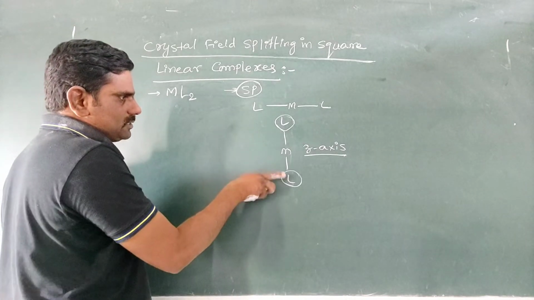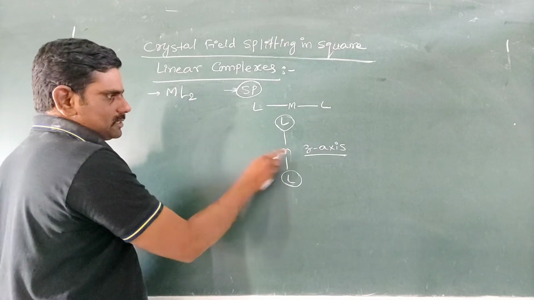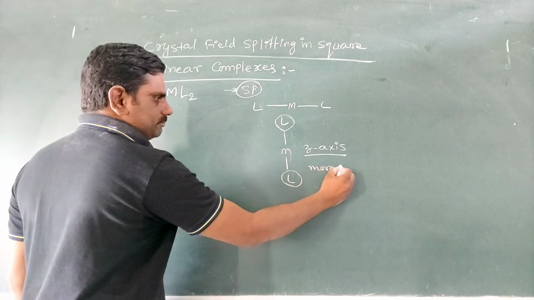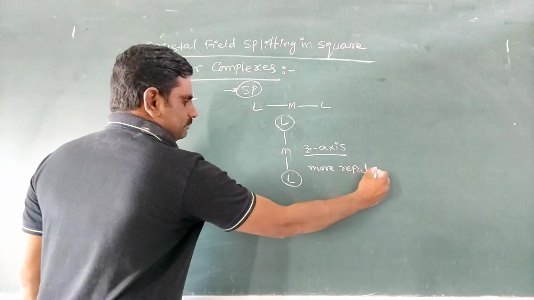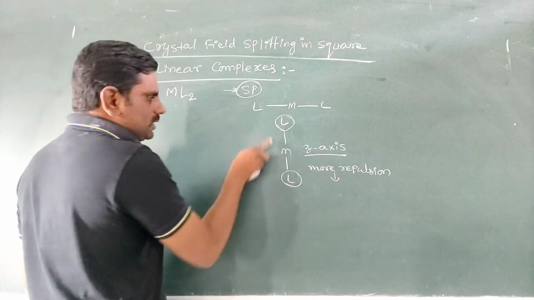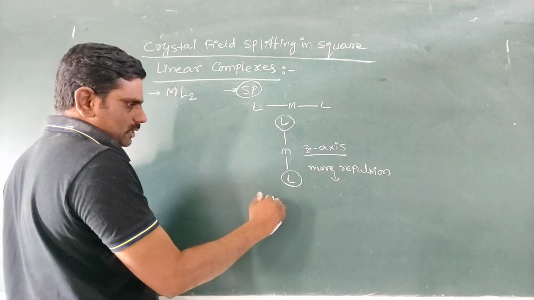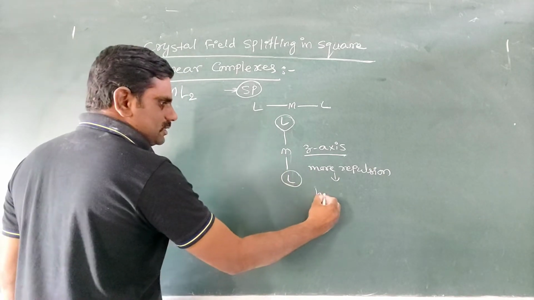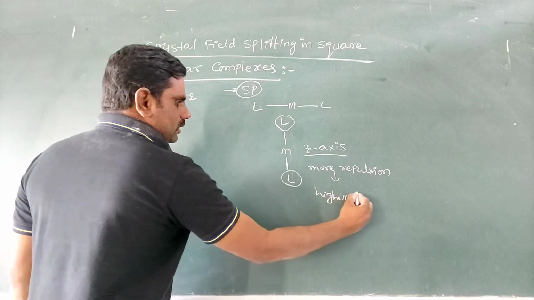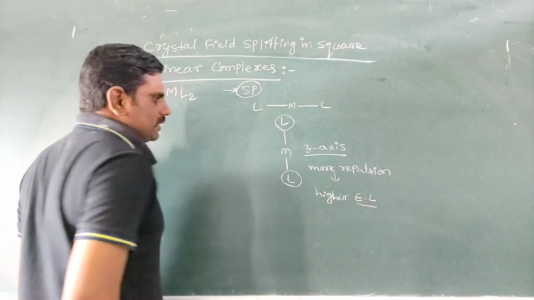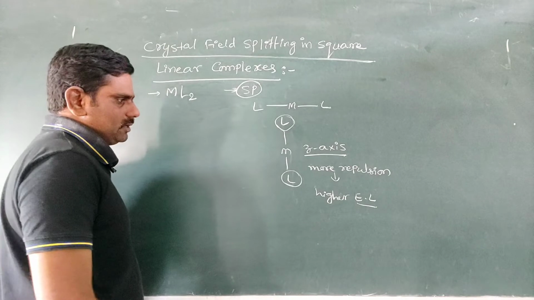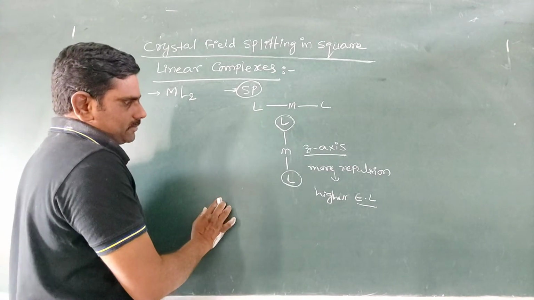Because they are present on the z-axis, z component orbitals are getting more repulsion. So z component orbitals are going to a higher energy level when compared to x and y component orbitals.